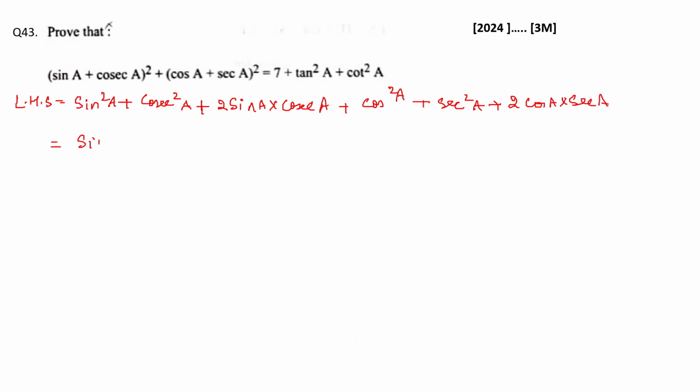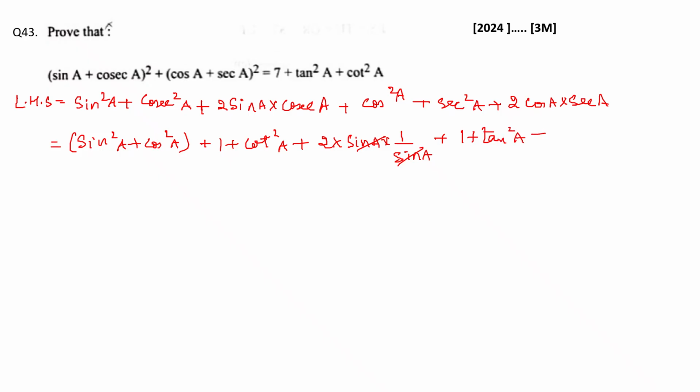Now let's group it. Sin square A plus cos square A is 1, and cosec square A I can write as 1 plus cot square A, plus 2 times sin A into cosec A, which is also 1 by sin A times sin A. So from here it will get cancelled. It is left only 2. Sec square A I can write in the form of 1 plus tan square A, and 2 times cos A into sec A is also 1, so this also gets cancelled.